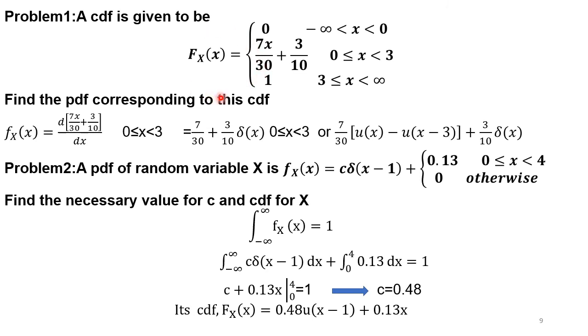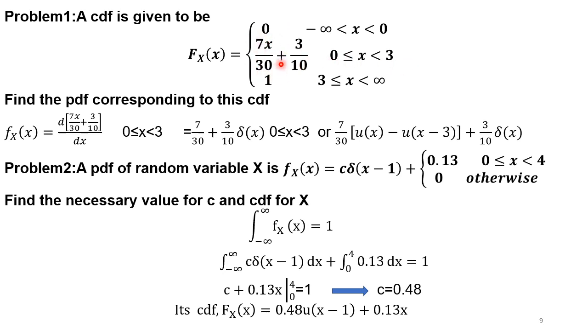By differentiating the CDF function, we are going to get the PDF function. Because differentiation of 0 is 0, differentiation of a constant is 0, let us try to differentiate the equation between 0 to 3.